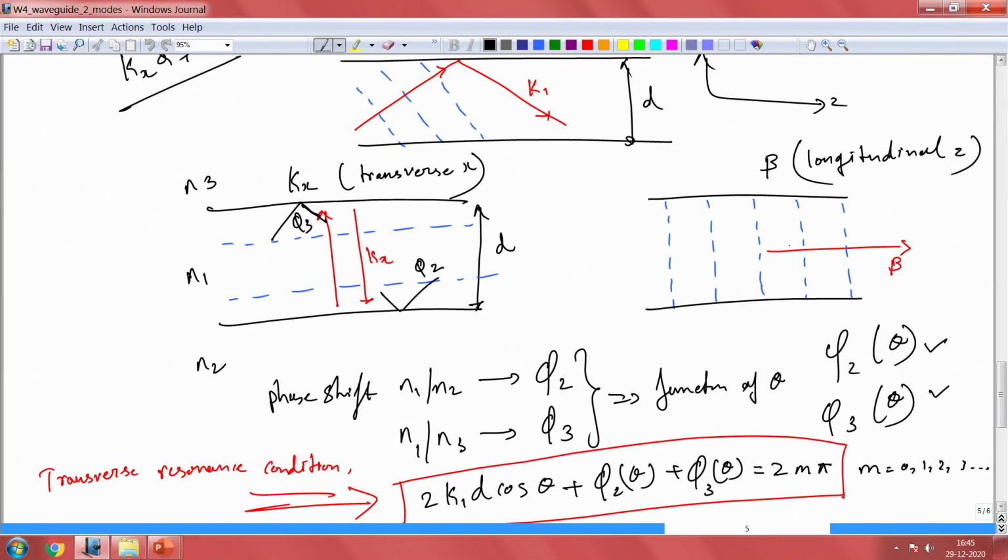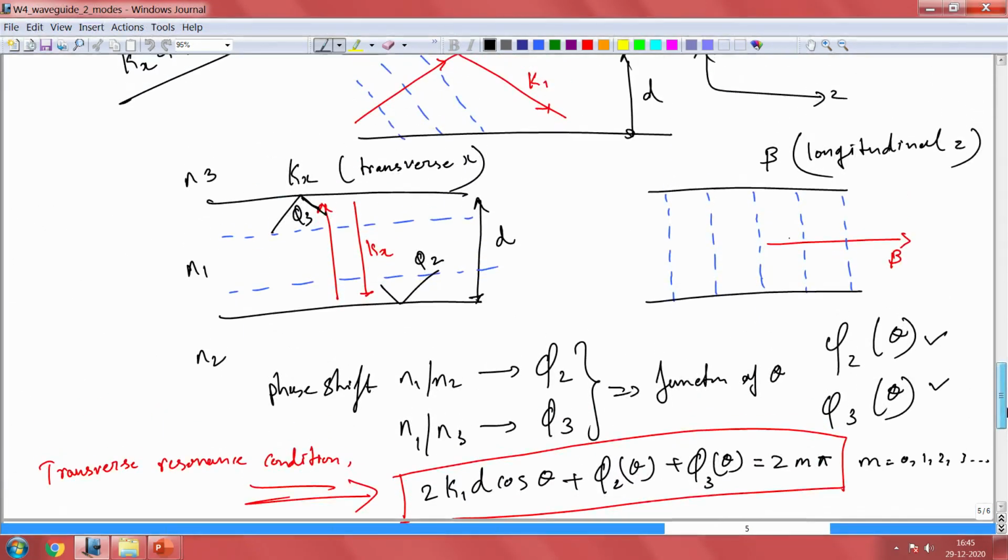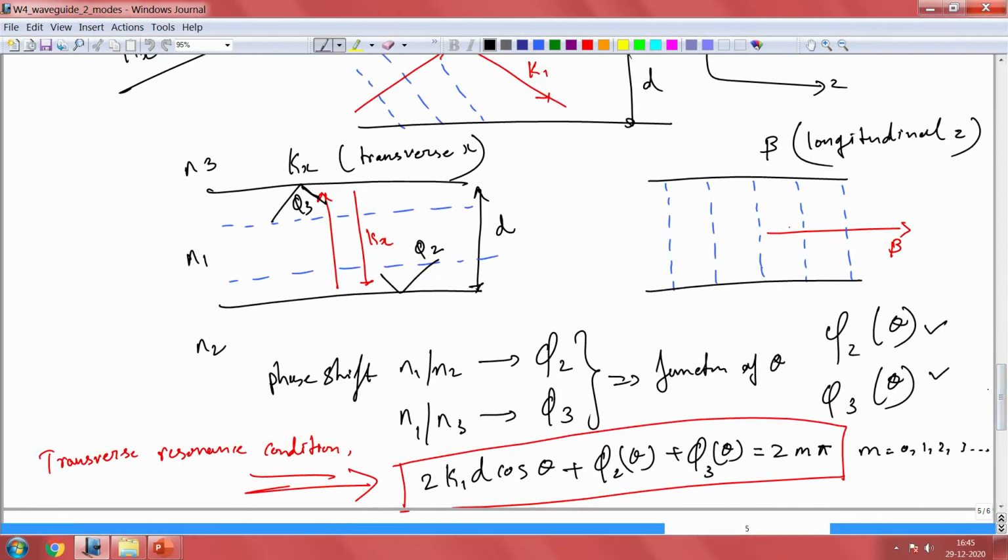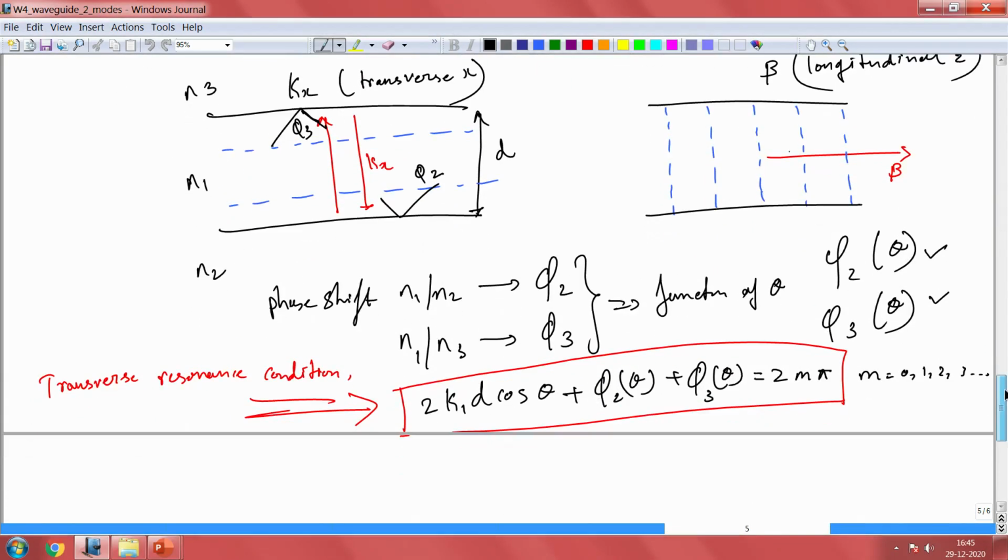So, we concluded here that we had the resonance condition, the transverse resonant condition, and that depends on the phase that you accumulate when the light is bouncing between the two interfaces. That is the phase 2 k1 d cos theta, and phi 2 and phi 3 are the phases accumulated when you have reflection from the two interfaces.